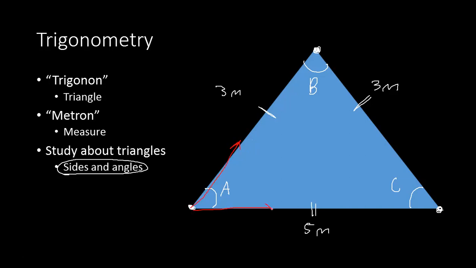Forgive me if my drawing is not that straight, but I think you get the idea. Now, we want to know how far apart they are, but not in a straight line like this or like this. No, rather in a curved way like this.